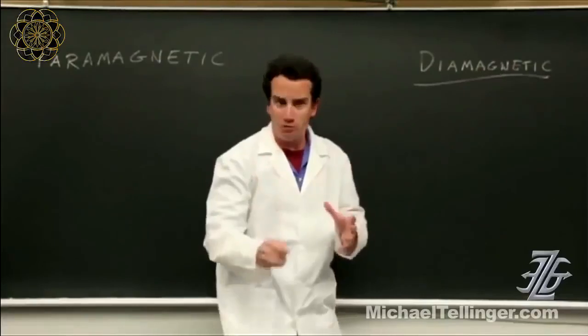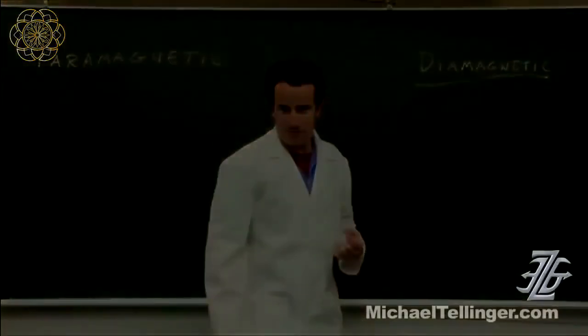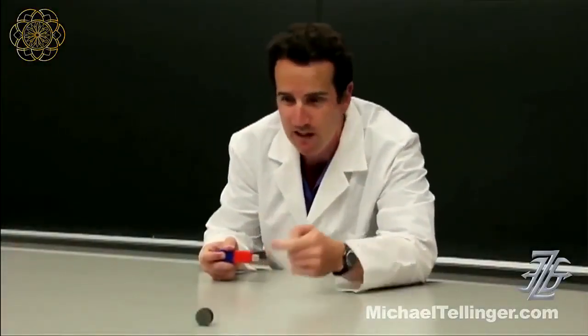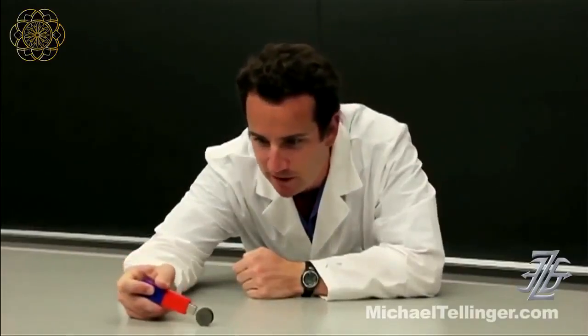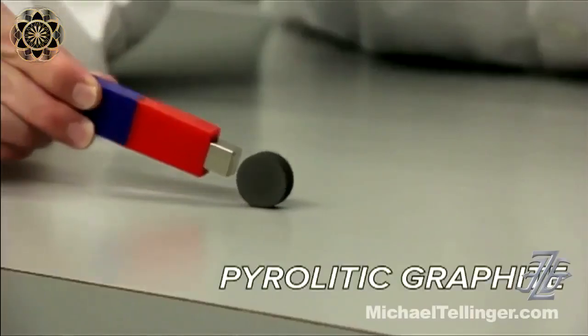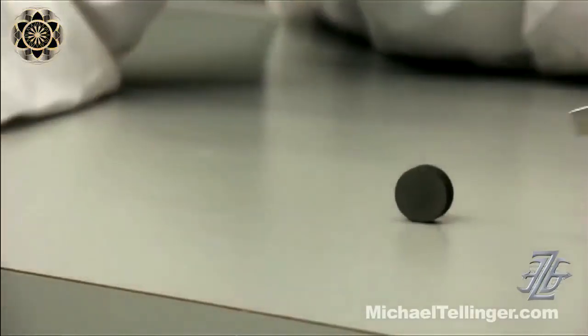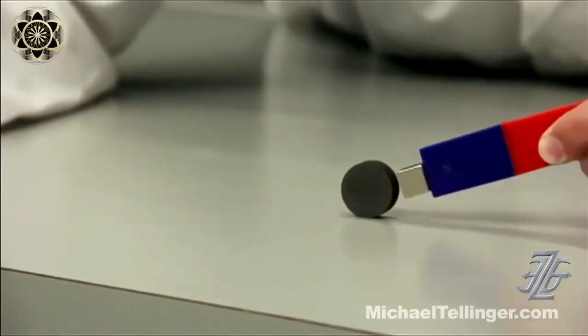They are always repulsed. They would rather die than be in a magnetic field. An important example of a diamagnetic material is graphite. This specially made pyrolytic graphite is repelled by a magnetic field. Don't be confused. This is not static electricity or eddy currents. Graphite is repelled by a magnet, always, both by the north and south end.